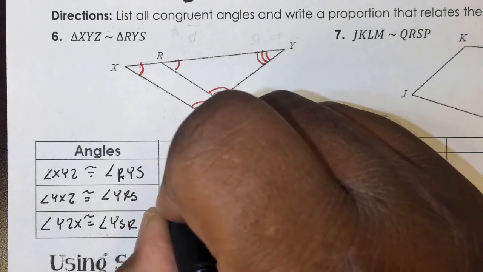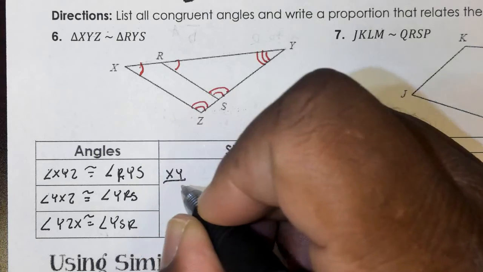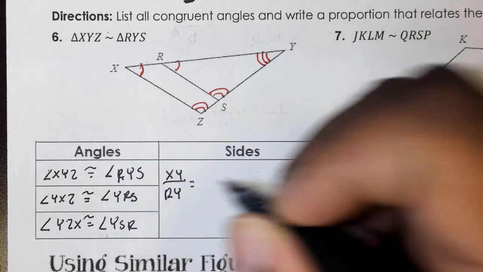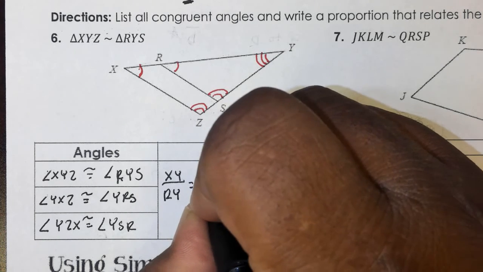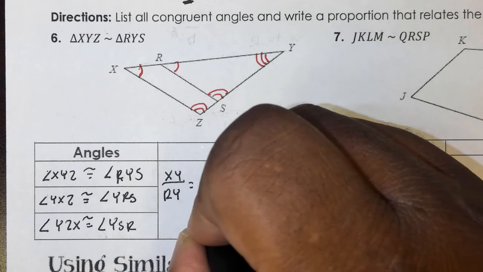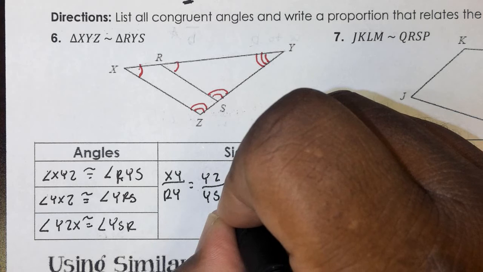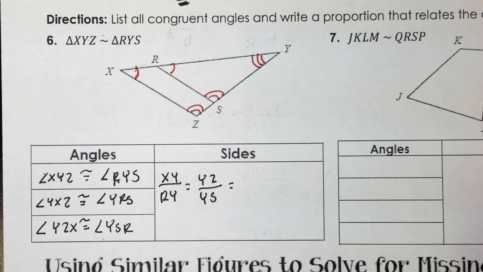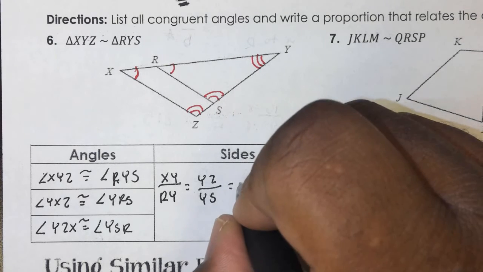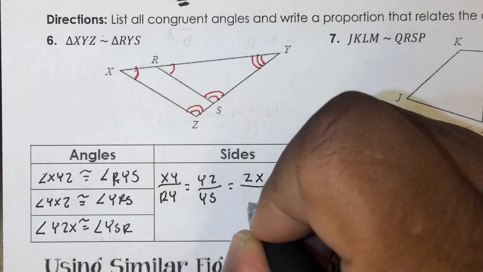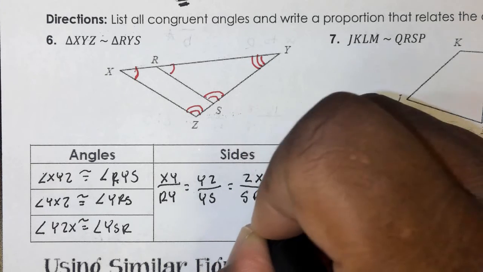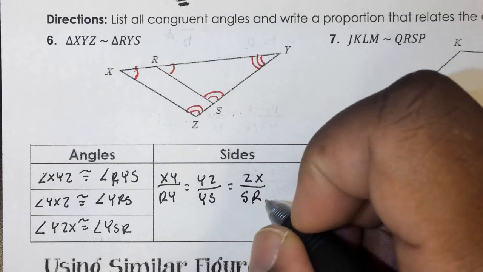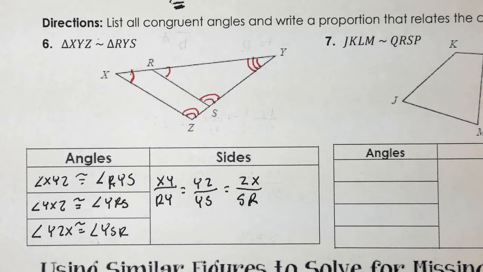So my first side would be XY over RY, which would equal YZ over YS, which would then equal ZX over SR. These are me writing my sides as proportional to each other.